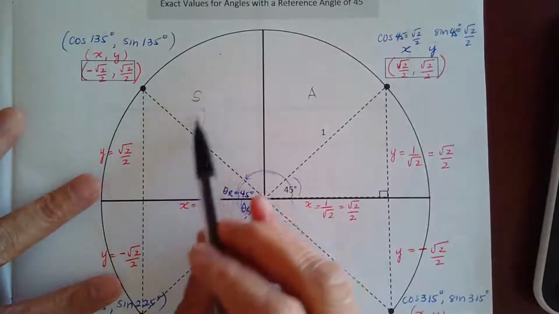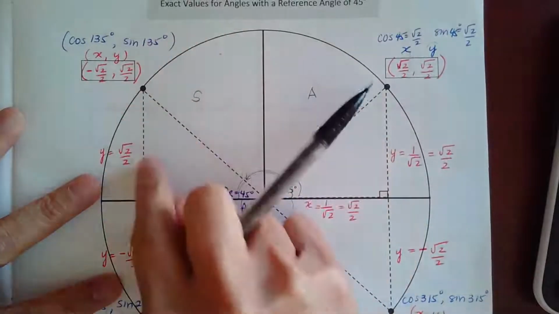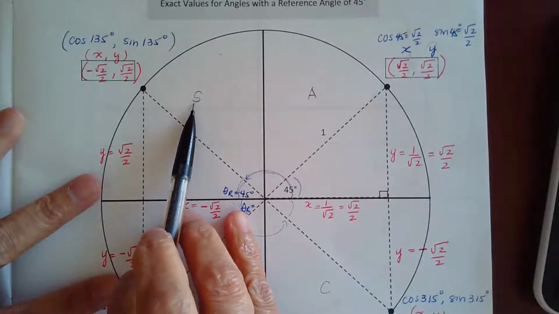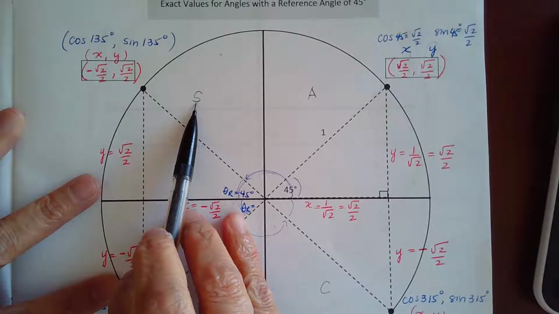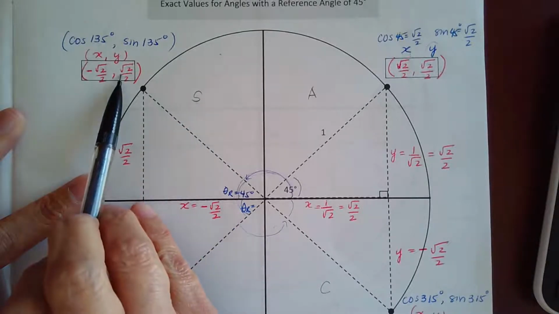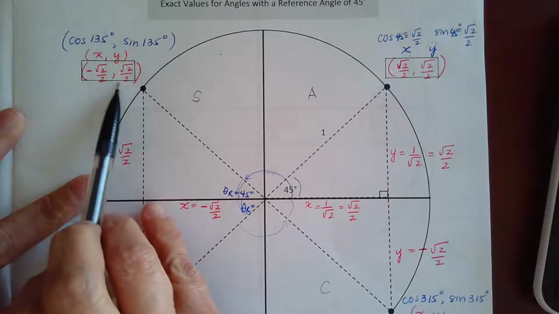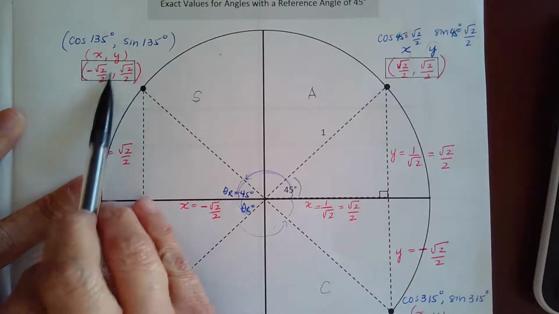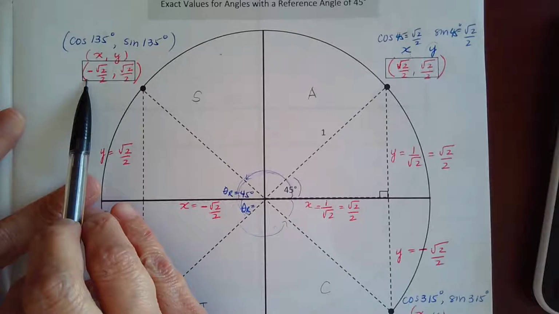Take a look at this one here. In quadrant 2, only the sine is positive. Sine of 135 is positive. Cosine is negative, and tangent will be negative as well.